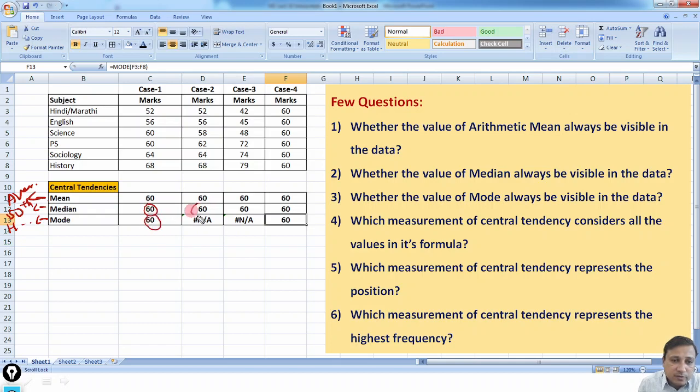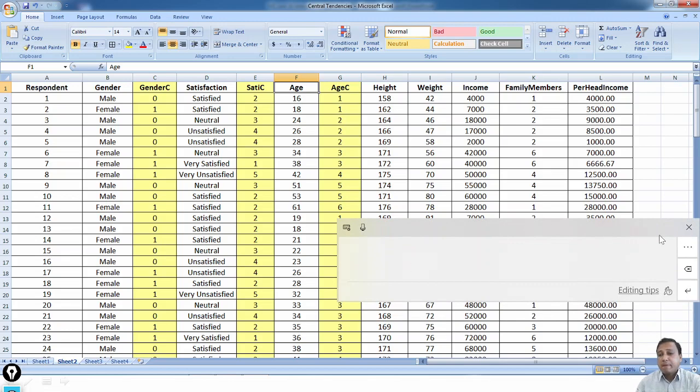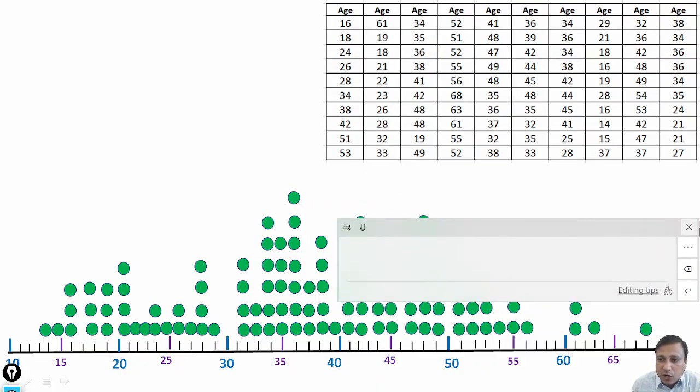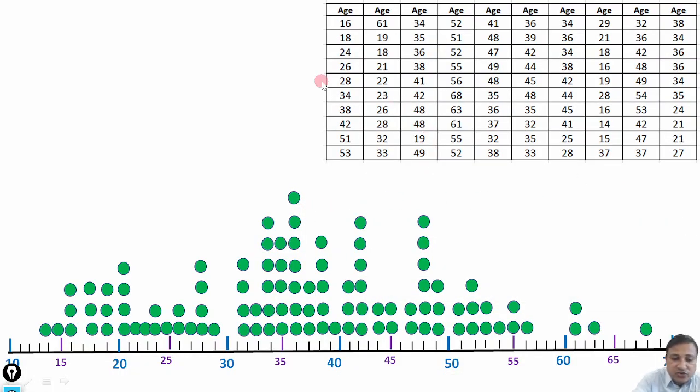So whatever number you get, you will interpret it accordingly, considering the meaning of mean, median, and mode. So here is our data on which we have computed mean, median, mode, and other things. Out of that data, if I consider age, age is one variable on which we already computed mean, median, mode in the previous lecture. And if I draw a chart or graph here, each circle represents a response.